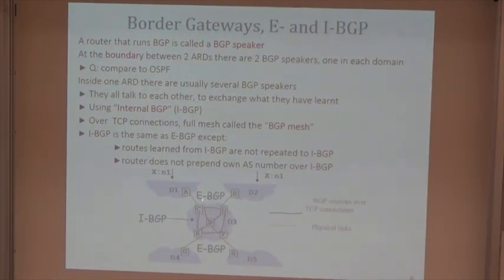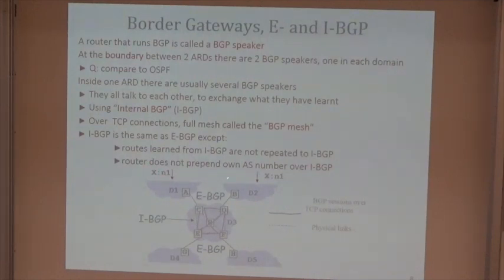Very often we will use the terminology eBGP and iBGP. E means external BGP and I means internal BGP. It means BGP used internally or BGP used externally. It's the same protocol. A few rules are different on how you use BGP, whether you use it internally or externally. Essentially, the only two rules that are different are those ones.